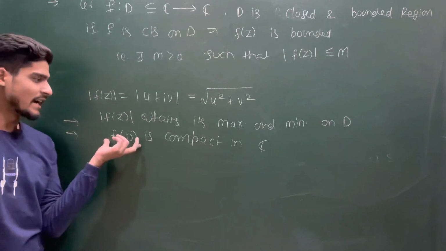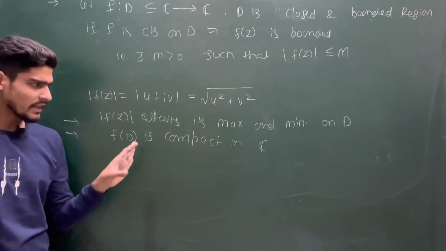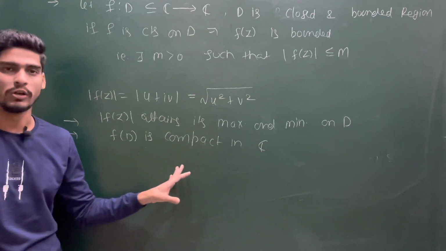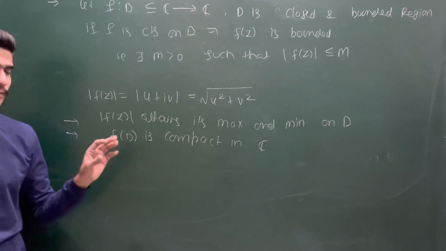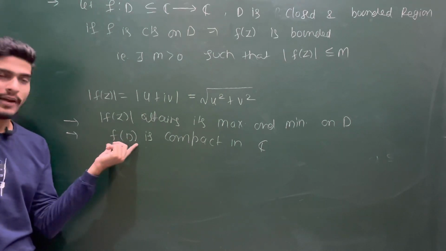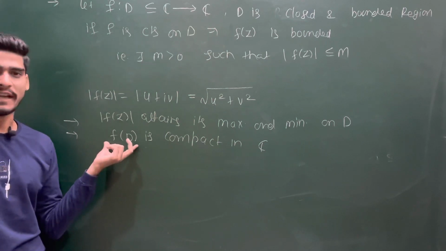So you take any arbitrary cover of f(D). This is just the sketch of the proof, if you want to do it and you are comfortable with topology. Otherwise you will not be able to do this. So you take any arbitrary cover of f(D). f(D) is the collection of all the range, that means you can say this is the range set.